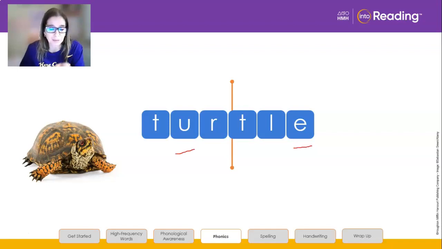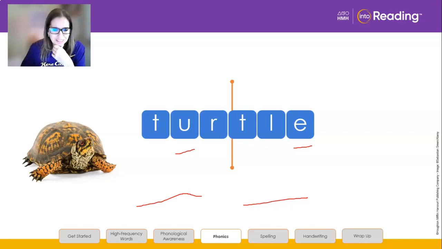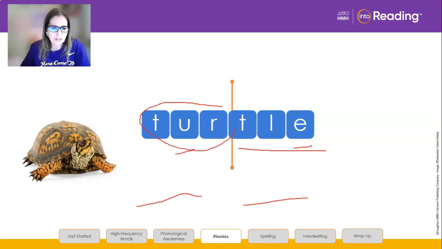Well, they're apart, right? So I know I'm going to have 2 syllables. And then I need to know where I'm going to divide the syllables. Well, I know the TLE has to stay together. The final stable syllable TLE stays together, tull. And then I know the rest of the word is the first syllable, tur. So this word is turtle.